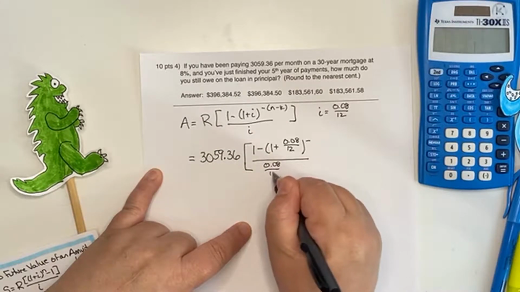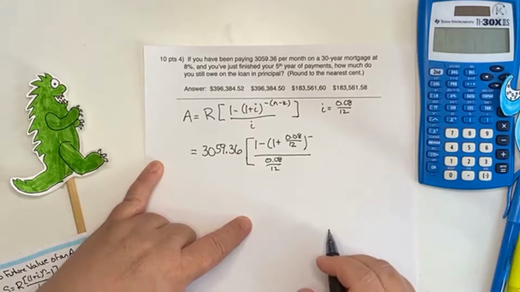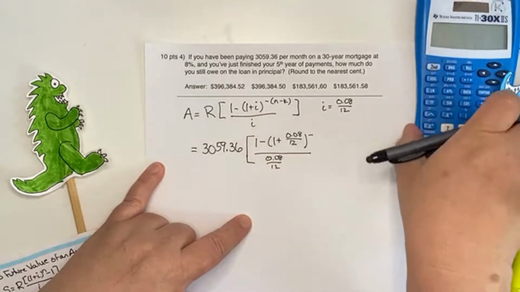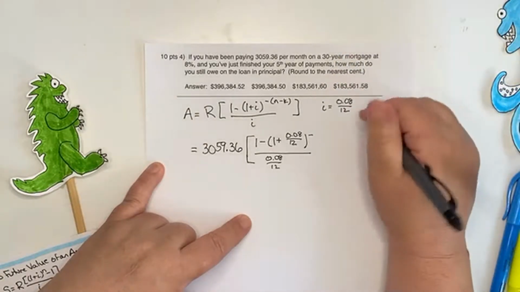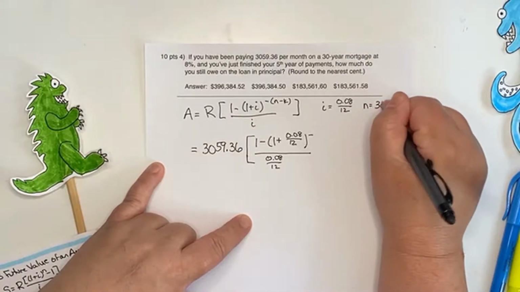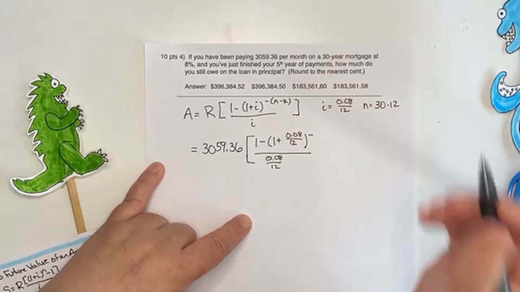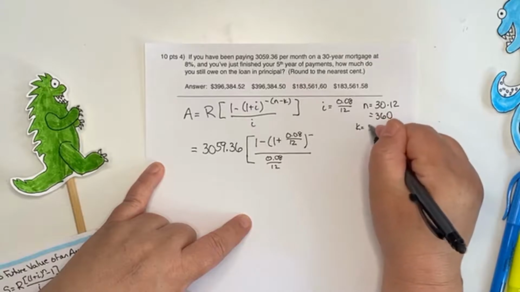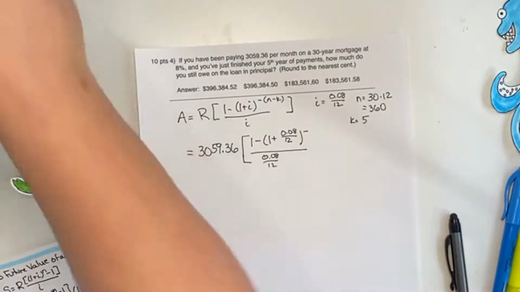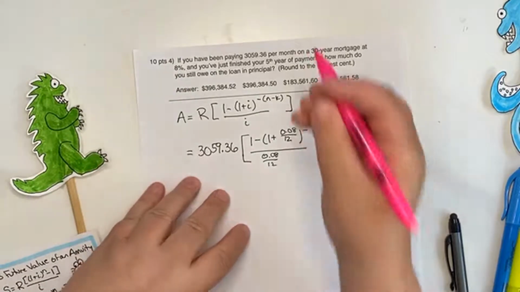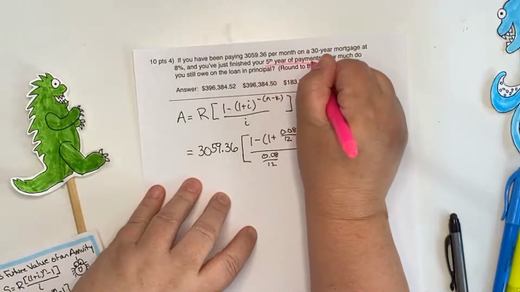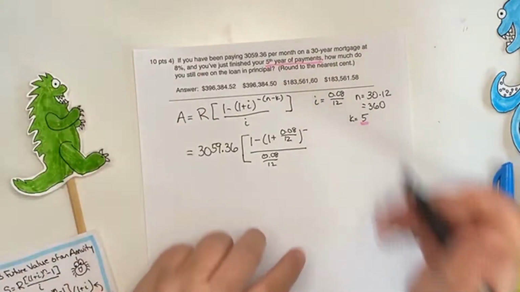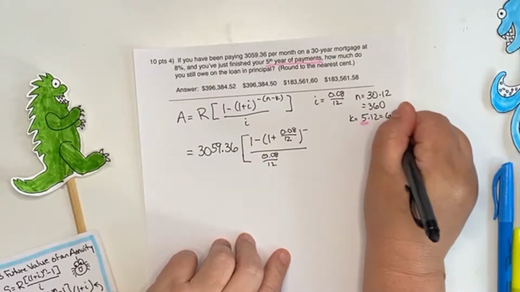We got everything. There's one step that's slightly harder than the previous problem, and that is you got to figure out what n minus k is. So in this case, it's a 30-year mortgage monthly, so it's 360. But k is those 5 years. You've just finished your 5th year of payments. So it's 5 years times 12, which is 60 payments.